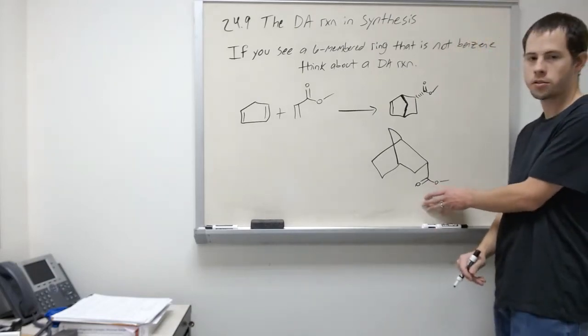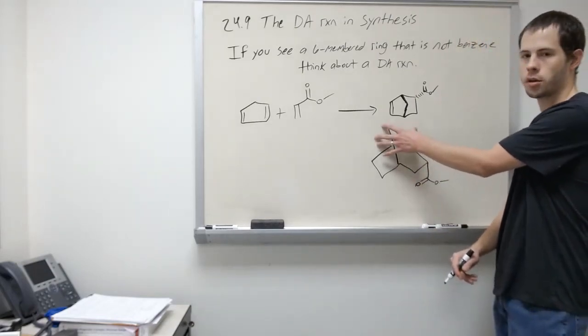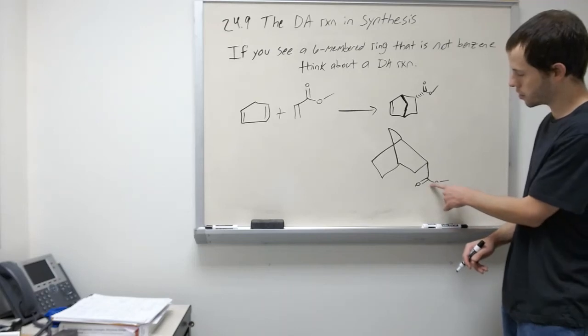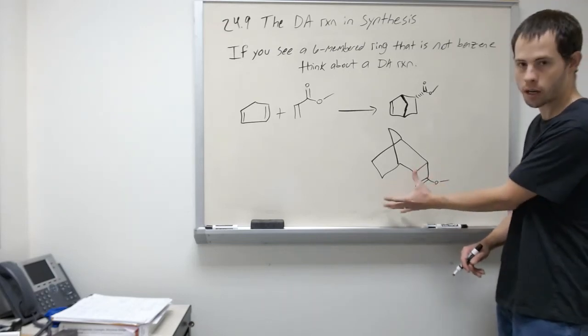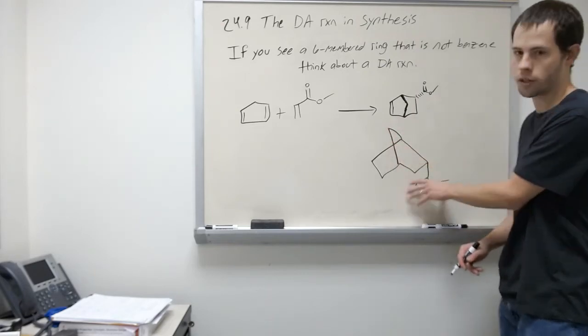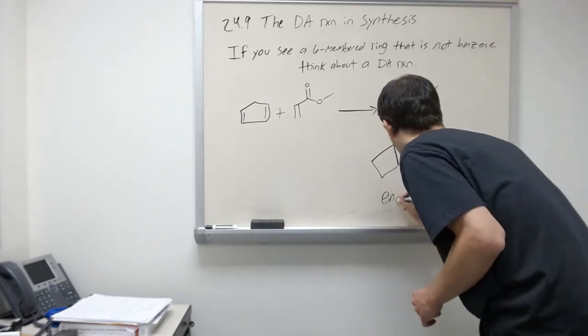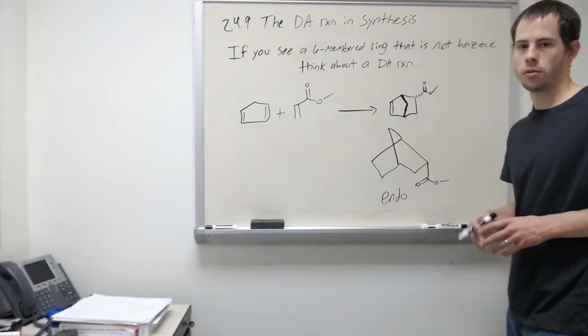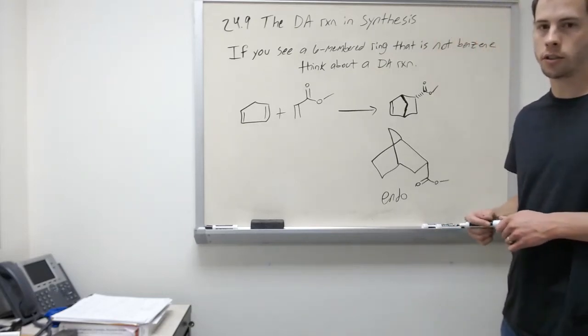And so we want our ester group pointing away from this up here. And since this is into the bigger ring here in the bottom, the 6-membered ring, instead of the 5-membered ring up here, we call this the endo product, which is usually the major product in the Diels-Alder reaction.